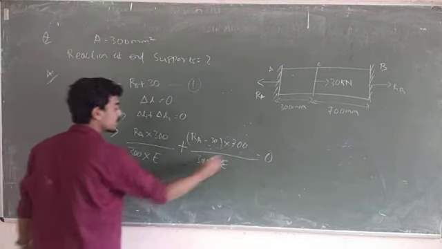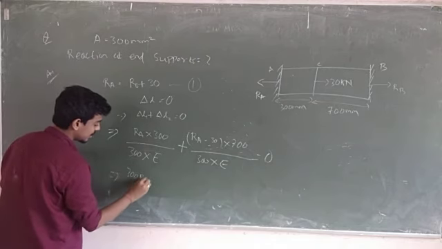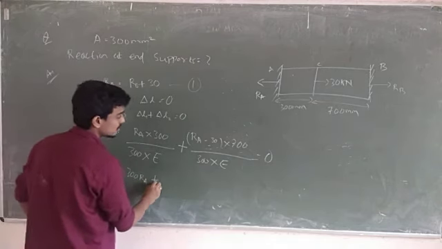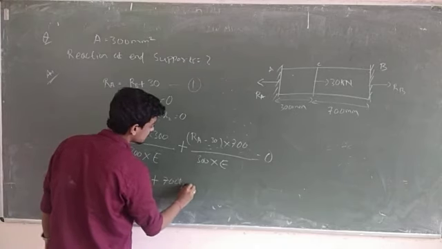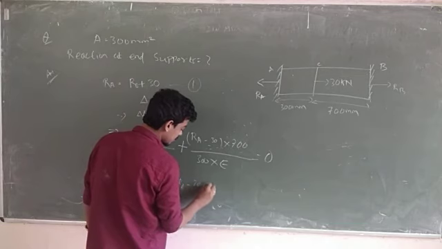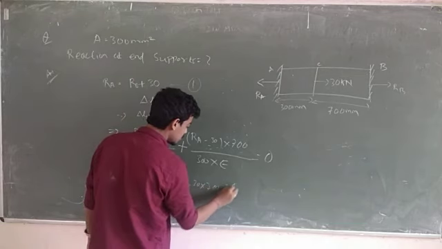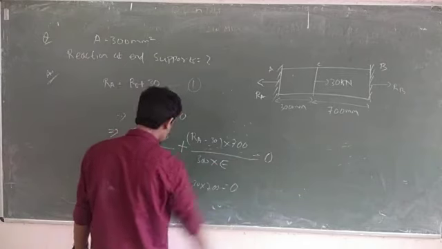So this will be cancelled to 0. So here it will be 300 RA plus 700 RA minus 30 into 700, equal to 0, because this term will go to that side, so it will become 0.